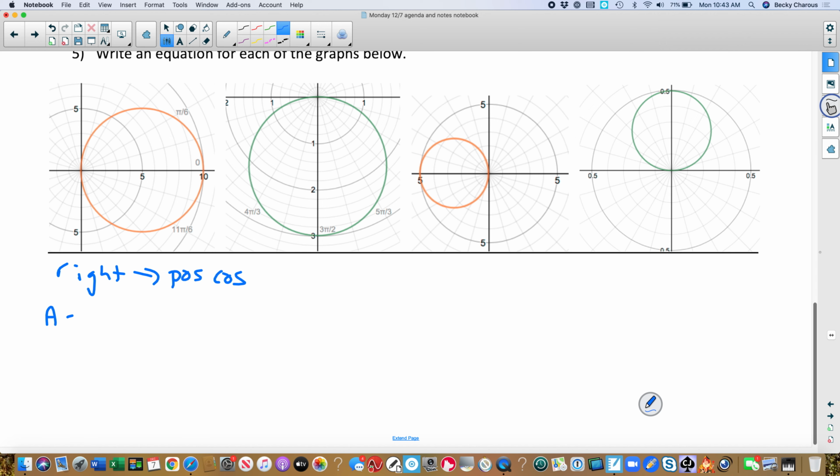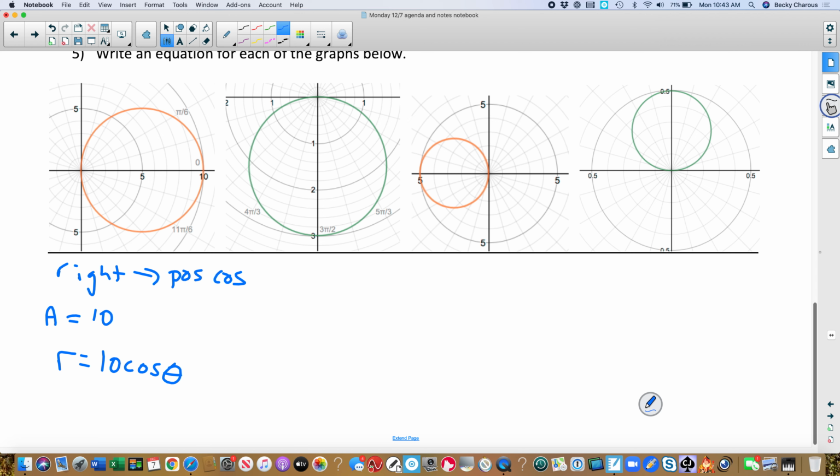So that's the diameter, and we can write r equals 10 cosine theta. Nicely done. Because the diameter is on the axis, there's no plus d or anything. We're going to do those next. The circles are just a cosine theta or a sine theta, no plus d. We're going to look at what happens when you have this shift, just like we did with the Cartesian.